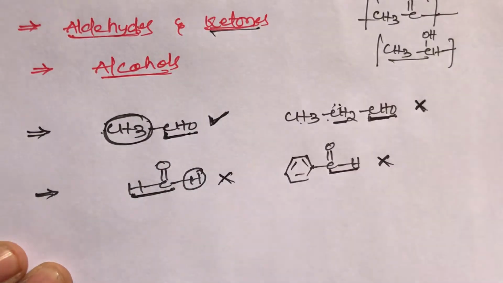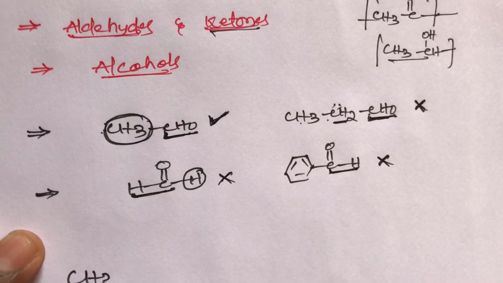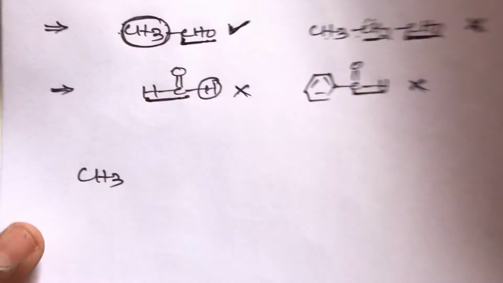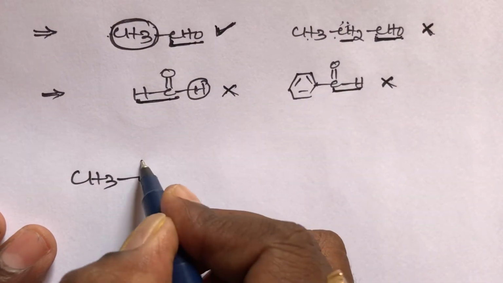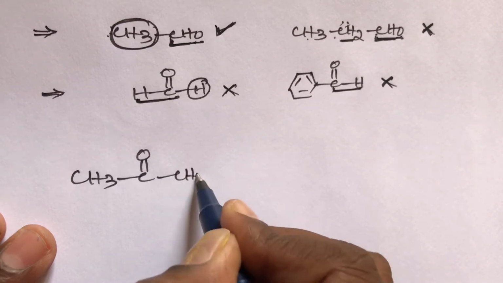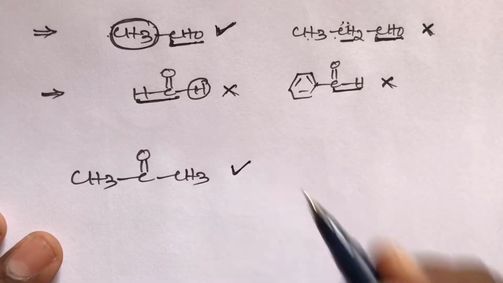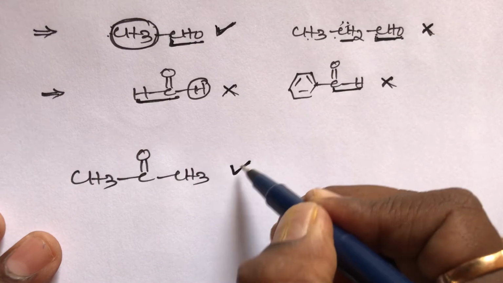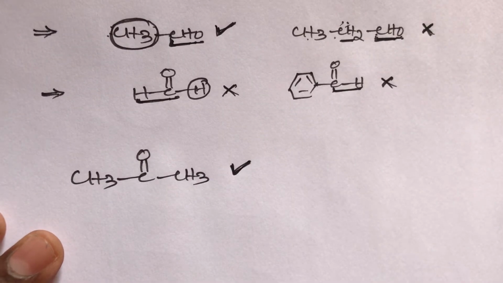Now take the second one, acetone, CH3C(=O)CH3. It is also giving a positive iodoform test. Why? Because of this keto group.